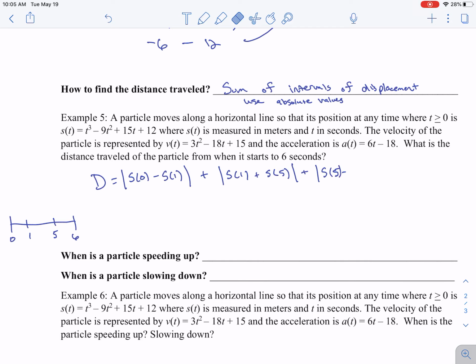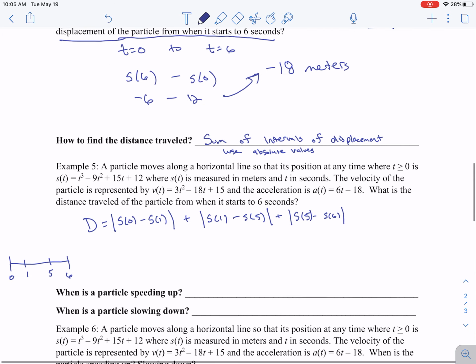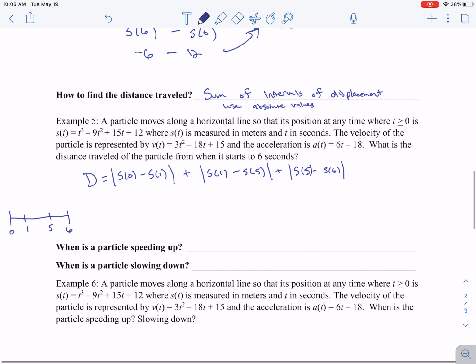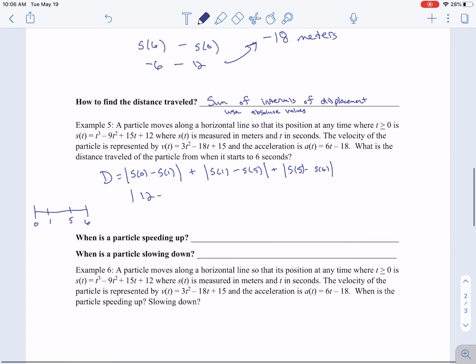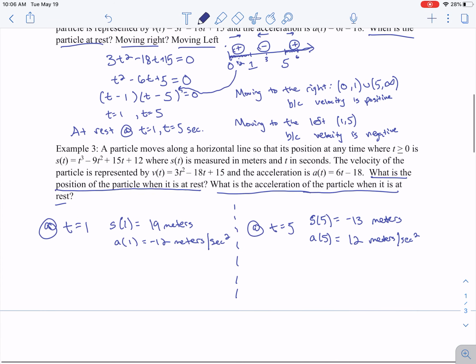I put a plus sign right here. It should be a minus. I believe I have all these values already, because I did some of them already. So it looks like I'm going to get 0 is supposed to be 12 minus 1, which is, I did that up here, right?